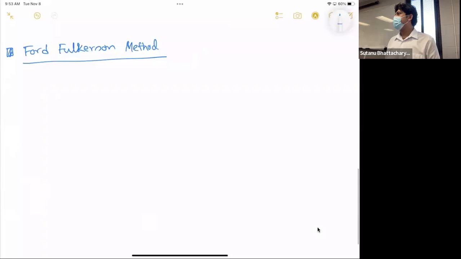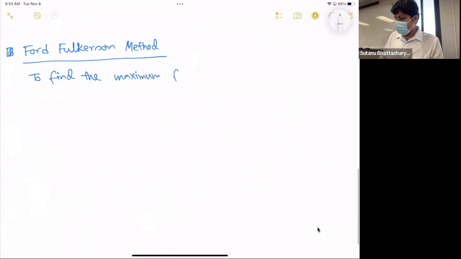So this is the method that we are going to apply. It is very easy to find the maximum flow.